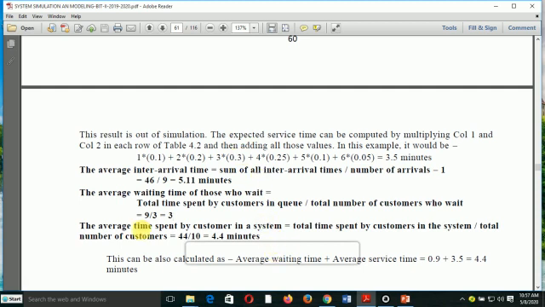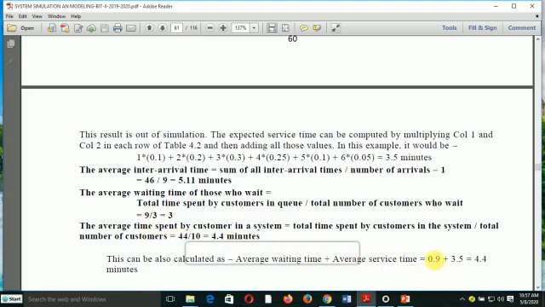We can calculate this using this formula, or we can use a second formula for the average time spent by the customer in the system: you take the average waiting time plus service time. If we add both of them, we find the average time spent by the customer.